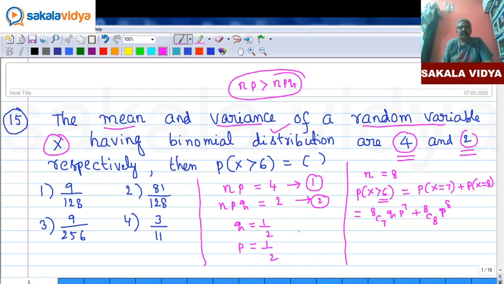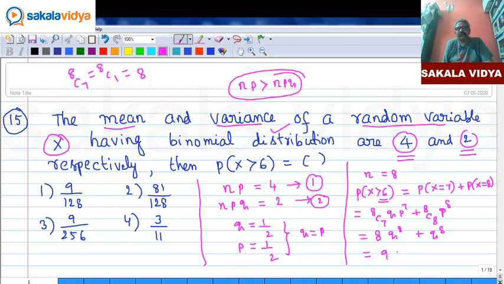Here q will be equal to p. 8C7 is 8C1, you remember. 8C7 equals 8C(8 minus 7), so that will be 8. So 8 q power 8 plus p power 8, also q power 8 you can write.